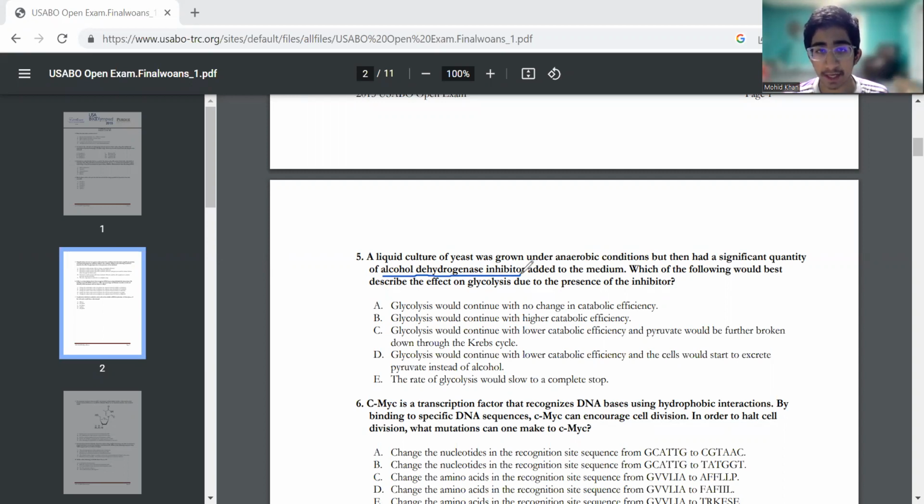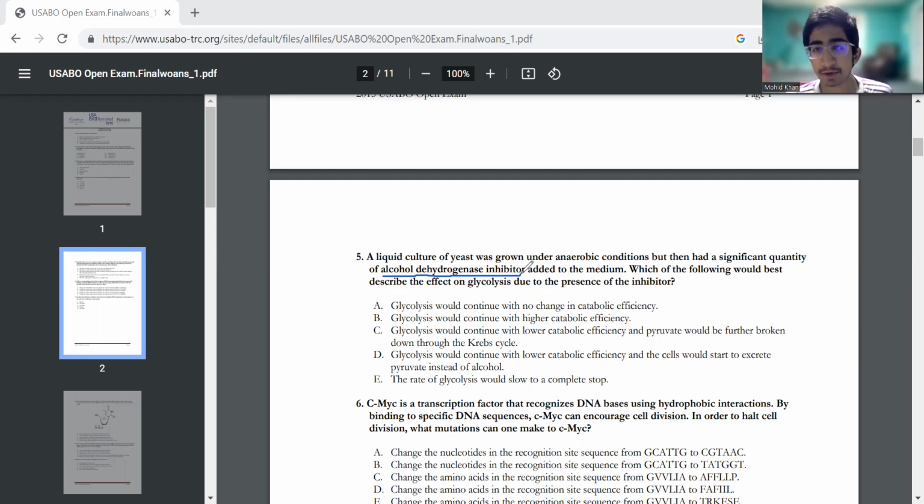So that means that fermentation is occurring. Now, there's two ways to tell which type of fermentation is occurring. This is not extremely essential, but first of all, yeast release alcohol when bread is being made, for example, and then alcohol dehydrogenase, you can even tell from the name. So this is alcohol fermentation. And if alcohol dehydrogenase is being inhibited, that means the process can't continue.